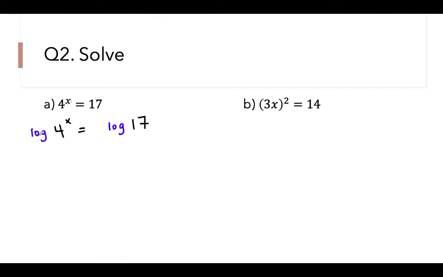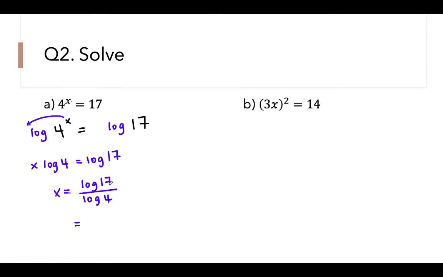Now that we equated by taking the log to both sides, because you cannot change it into the same base, we are going to move x to the front. So x log 4 is equal to log 17. Then I'm going to divide both sides by log 4 to isolate for x. So log 17 over log 4.